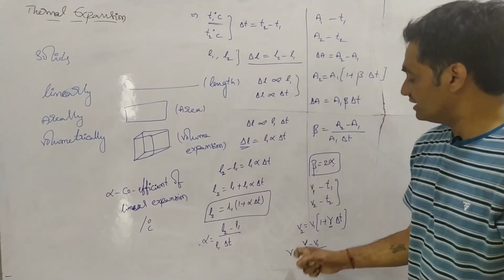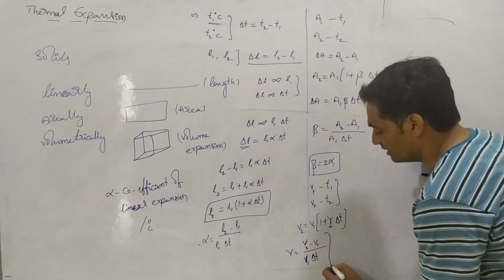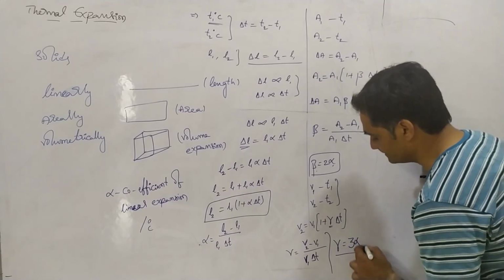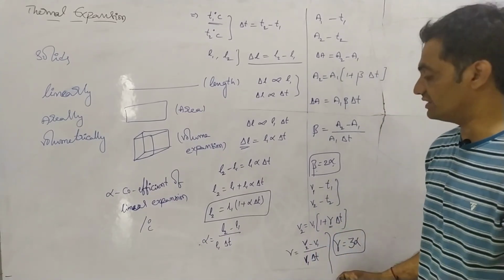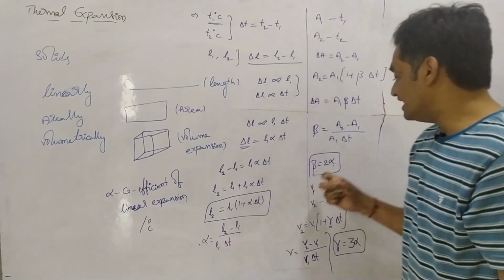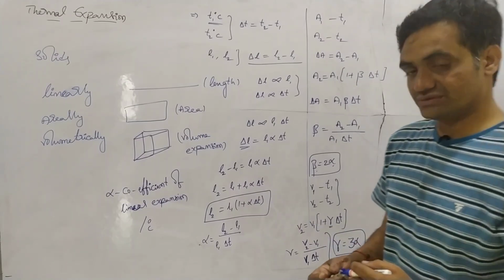The relation between gamma and alpha is gamma is equal to 3 alpha. So these are the relations given for linear expansion, areal expansion and volume expansion. Take a screenshot, we will continue.